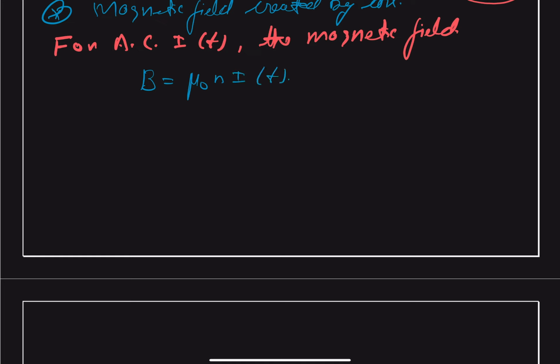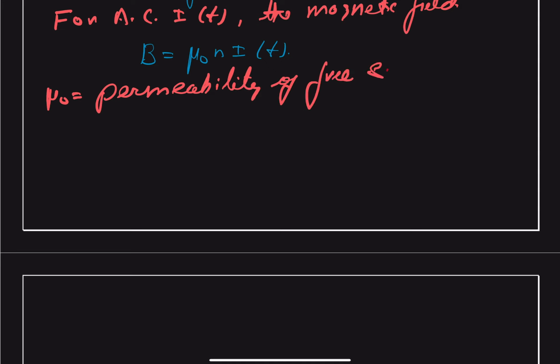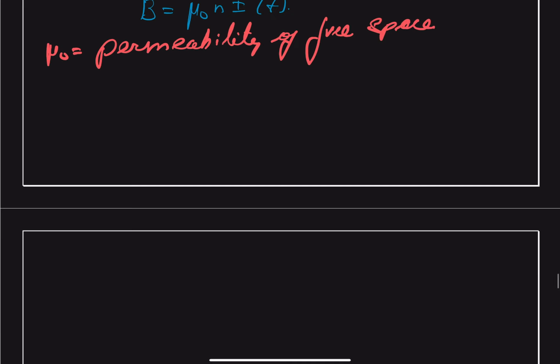Here mu naught is the permeability of free space, and small n is the number of turns per unit length of the coil.